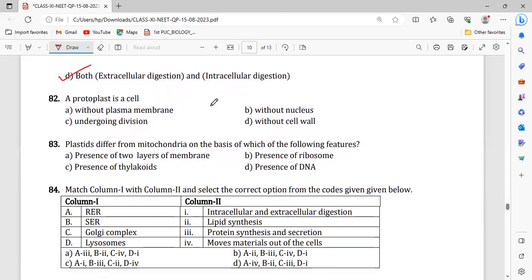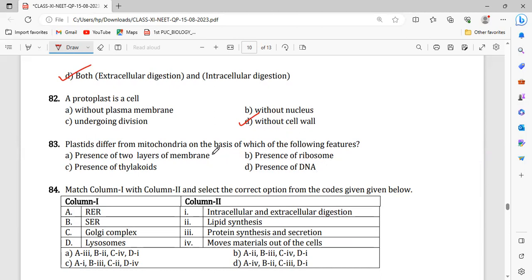Then 82. A protoplast is a cell without the cell wall. If we just remove the cell wall, whatever part we get, that is the protoplast. Plastids differ from mitochondria on the basis of which of the following features?